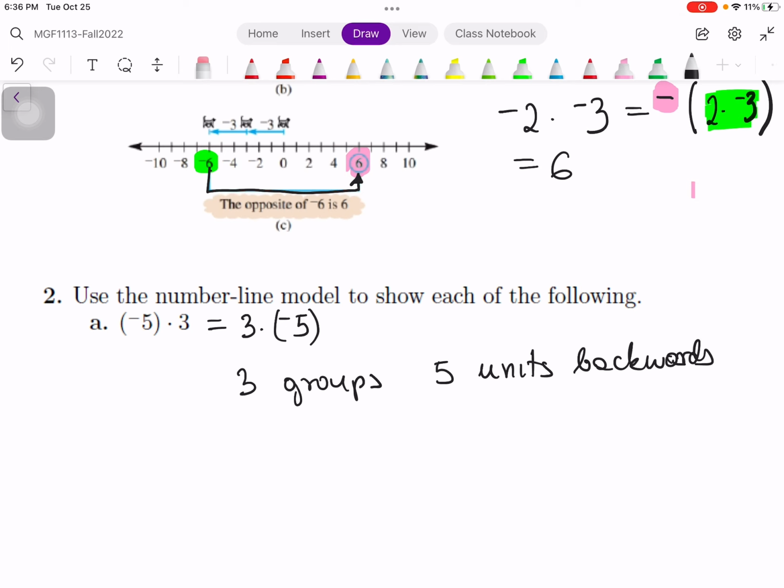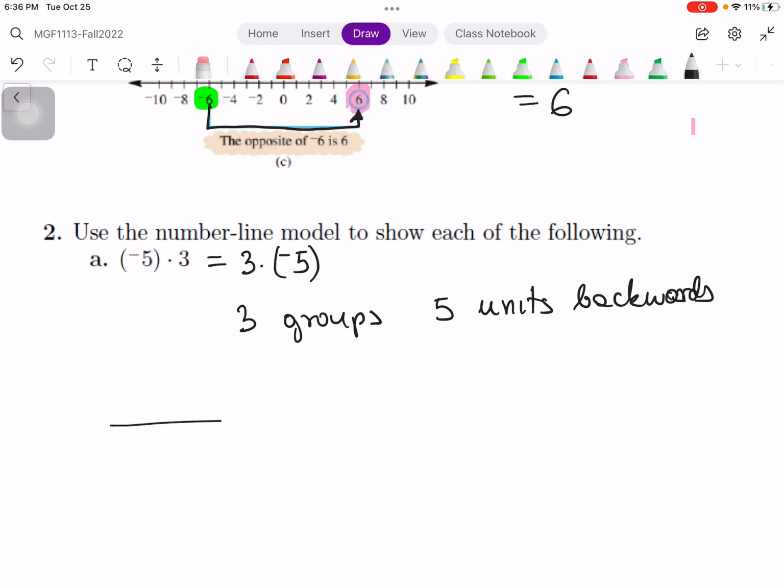So basically I start at 0. I'm going to draw a person instead of a cat. We're always facing east, right? That's why I drew hands in this direction. And then I'm going to go 5 units, 3, 4, 5 units backwards 3 times, right?